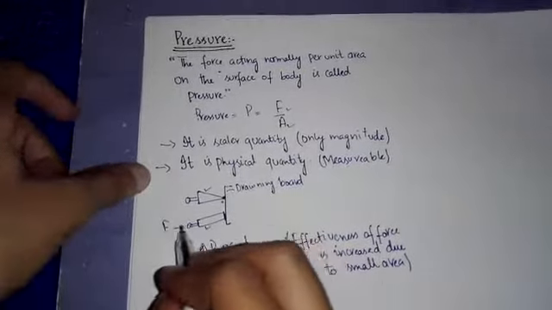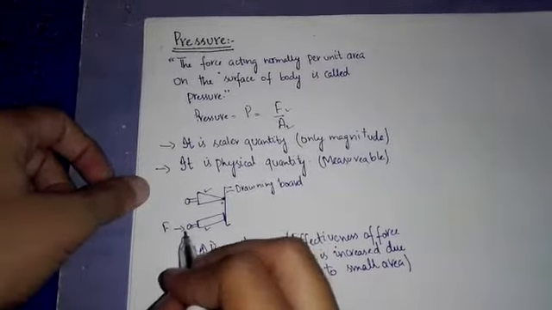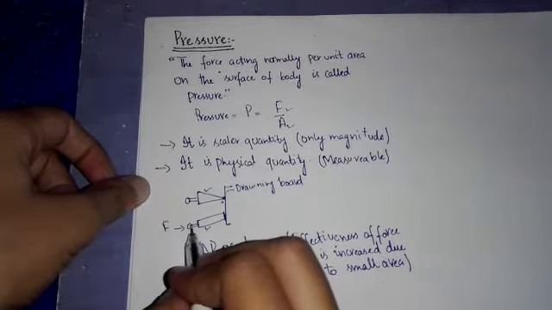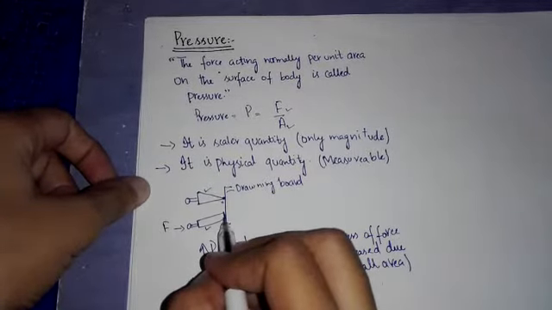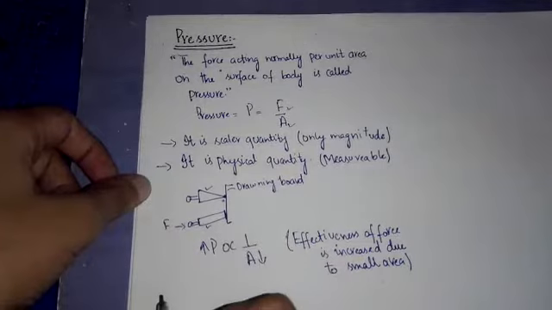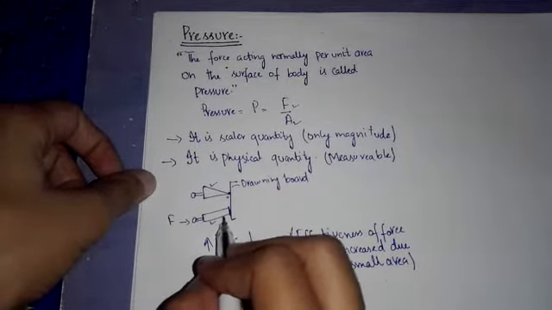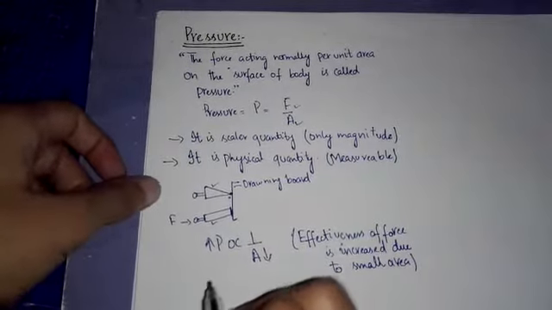While in this case, the effectiveness of force is very much small due to its larger area. Therefore, it is very difficult to insert this pin in this drawing board, right?